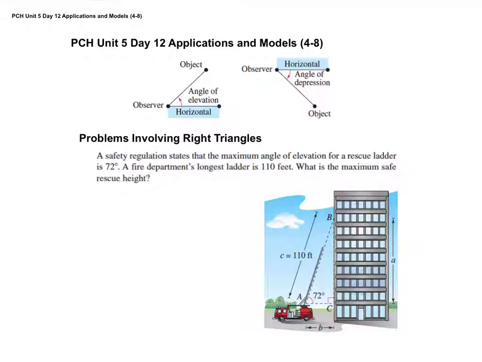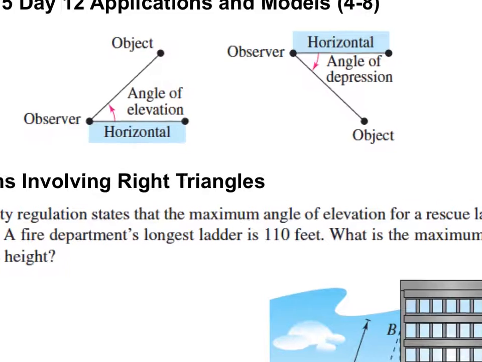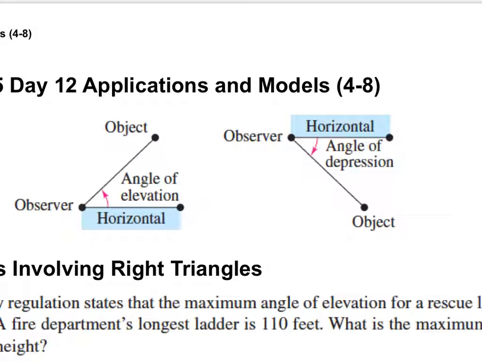Before we actually do some problems here though, I want to highlight two terms, okay? These are terms that you may or may not have ever heard of before, but we have what's known as an angle of elevation and an angle of depression, okay? Now, these angles are angles in situations where one thing is above or below the other, okay?